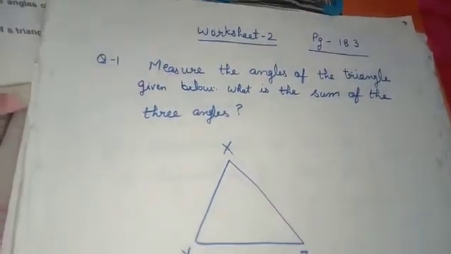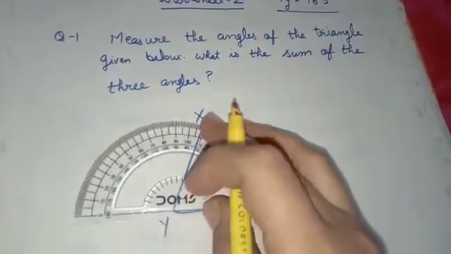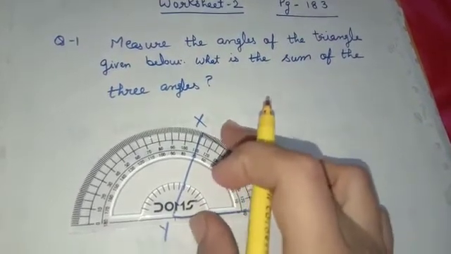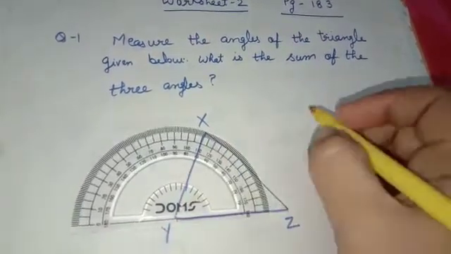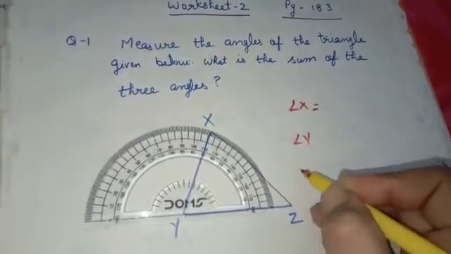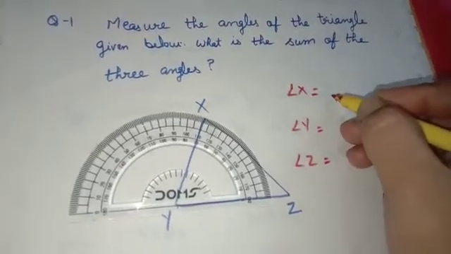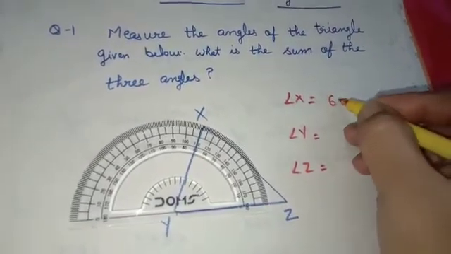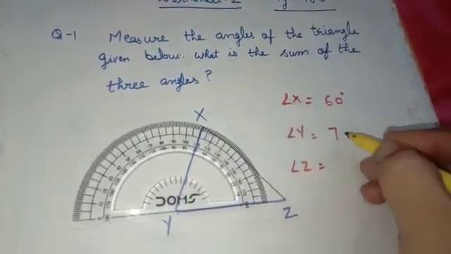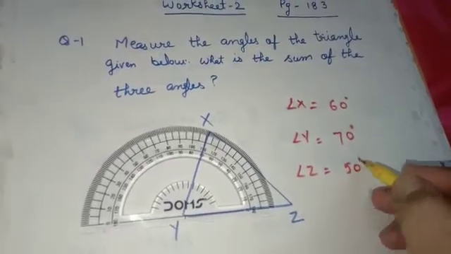We will measure all three angles, angle X, angle Y, and angle Z. Angle Y is 70 degrees. When you measure X, you will get 60 degrees, and Z will be 50 degrees.